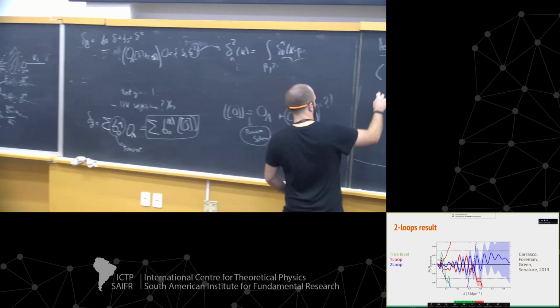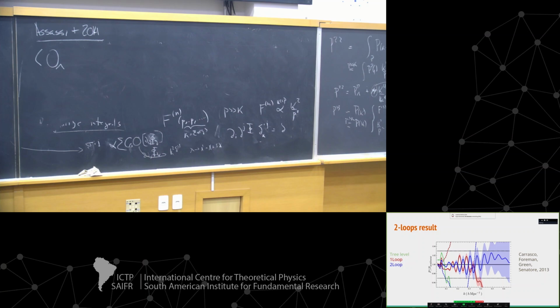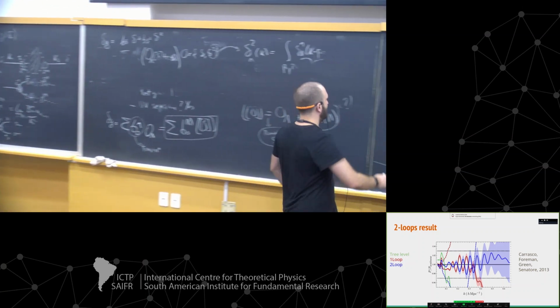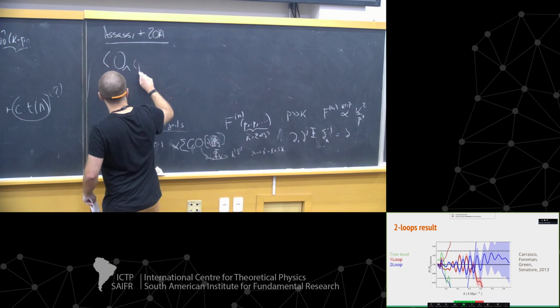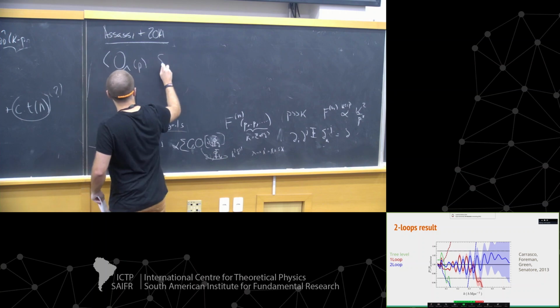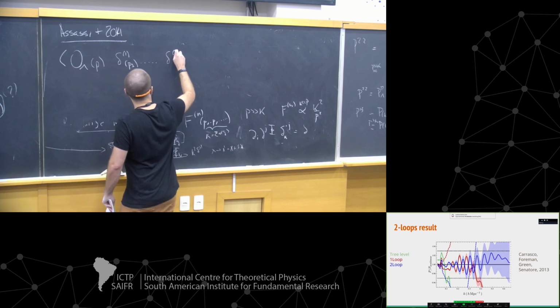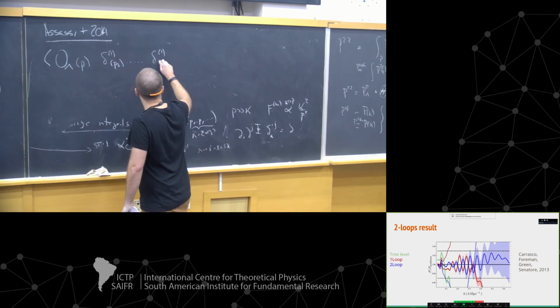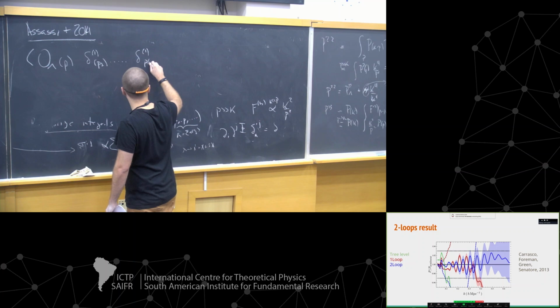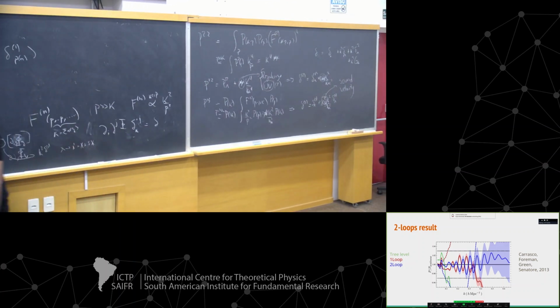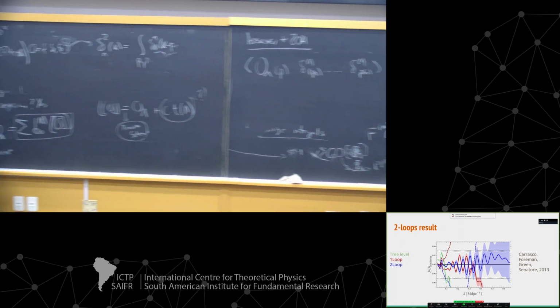So I have an operator that depends on lambda. So this depends on lambda. And I take contractions of this operator at a point P with n external legs. So this is what I'm doing in this diagram, right?